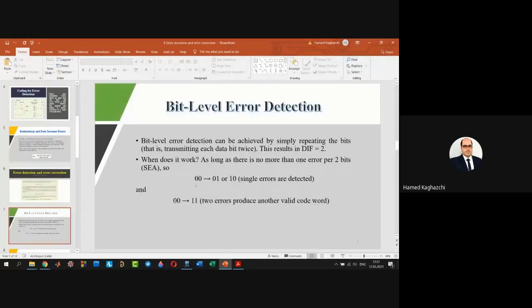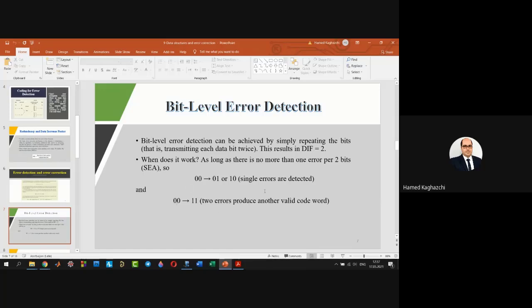Now, adding one redundant bit to the code is called bit level error detection, which is diff equal to 2. If diff is equal to 2, it means that I have to send the data with 2 bits for each data.